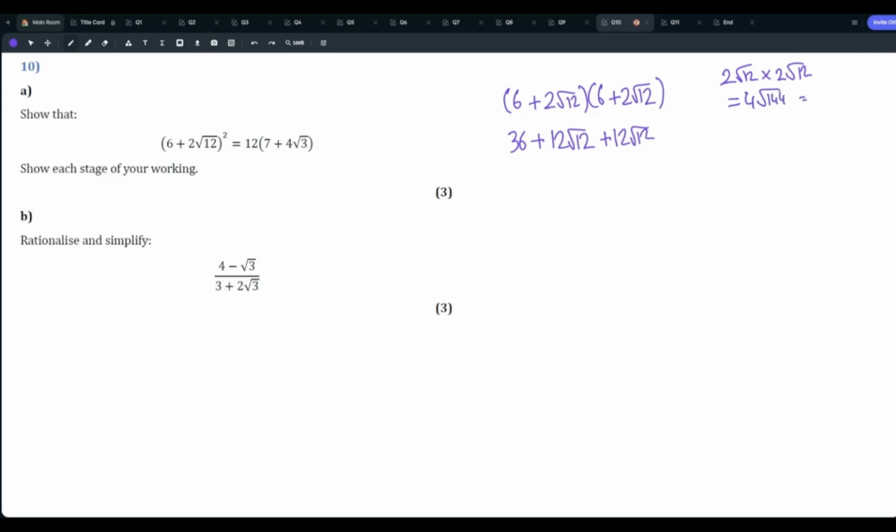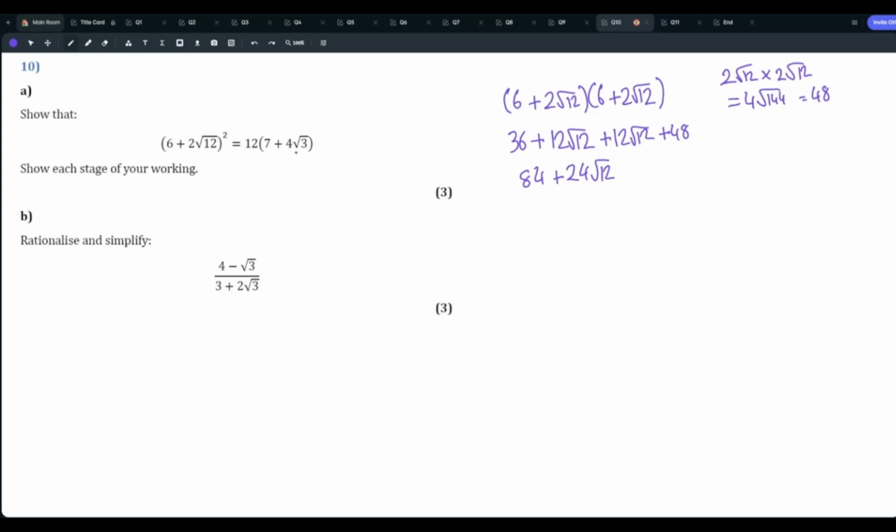So that's 4 times 12, which is 48. Okay, simplify this a bit further. 36 and 48 is 84. So that becomes 84 plus 24 root 12. Remember, when you're simplifying surds, as long as the surds are the same, we can think of them as like terms.